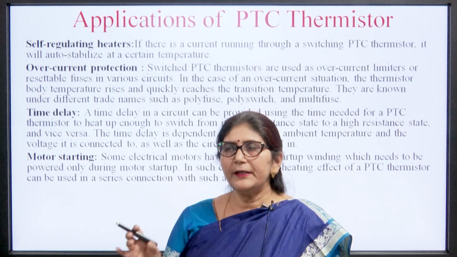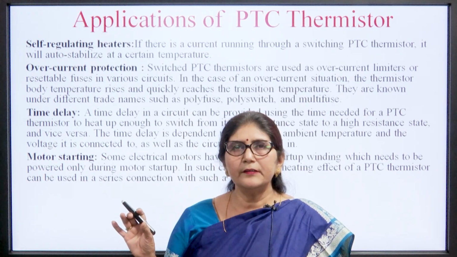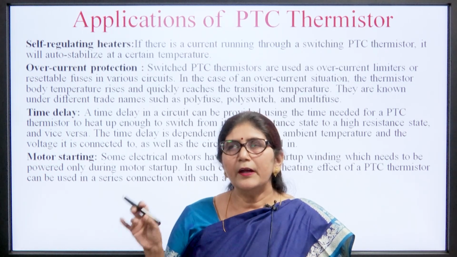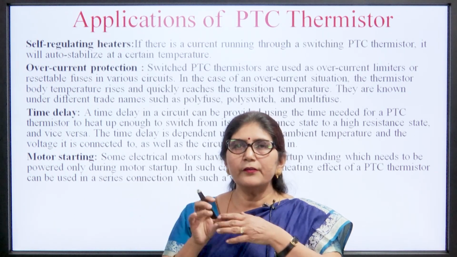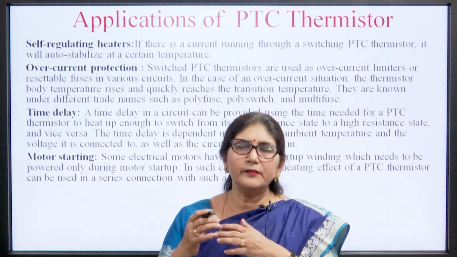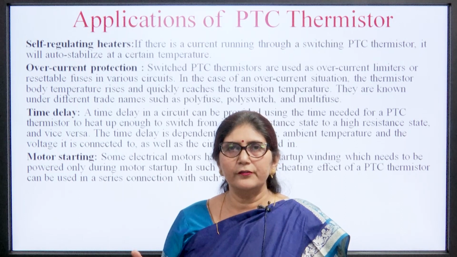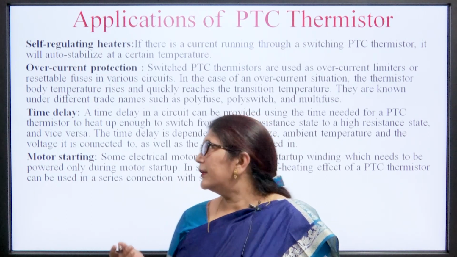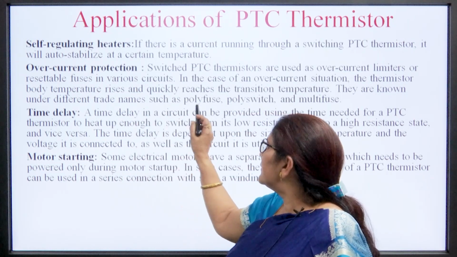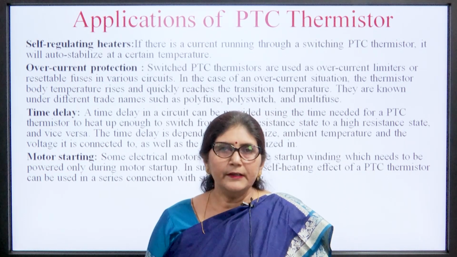Suppose we have placed a PTC thermistor at a place, and when the current increases, its resistance increases, and because of the increase in resistance, the current is controlled. So, it will provide overcurrent protection. They are used for many purposes, and they are known by different names, such as polyfuse, polyswitches and multifuse.